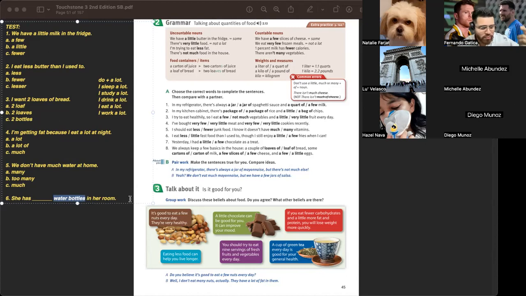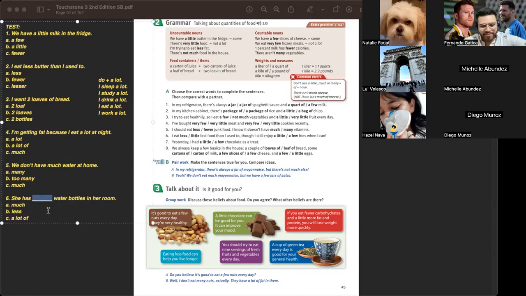You can count bottles. 1 bottle, 2 bottles, 3 bottles. It's countable. So is the answer going to be much, less, or a lot of? What's the answer? A lot of.